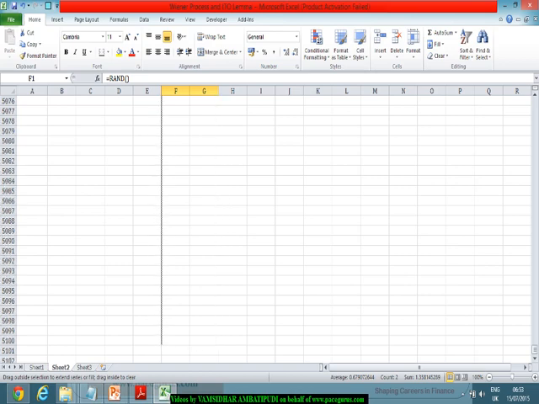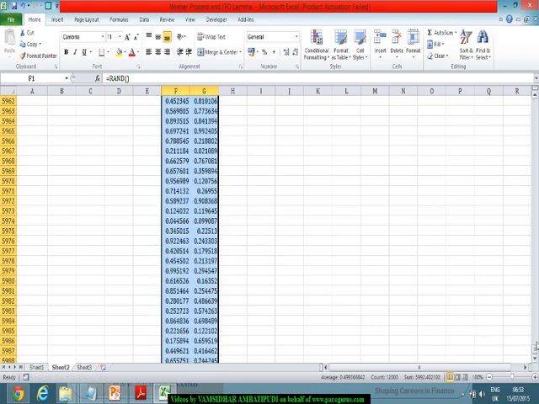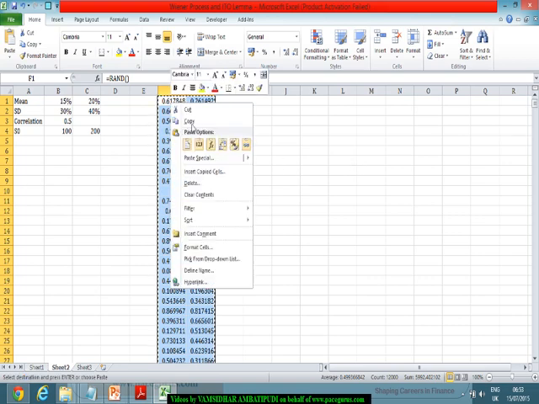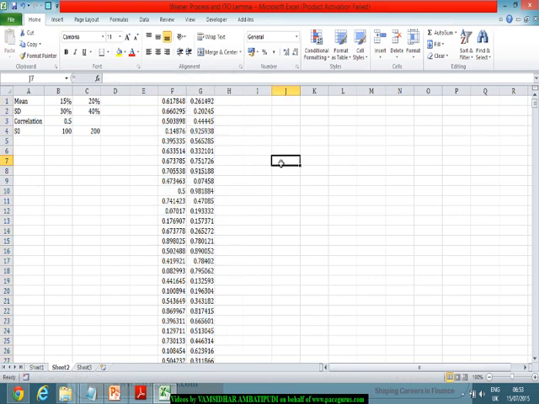Actually, now that I got here, let me take around 6000. So 6000 random numbers I have taken, and each one is independent of the other. And I have taken the normal distribution values of both of them.